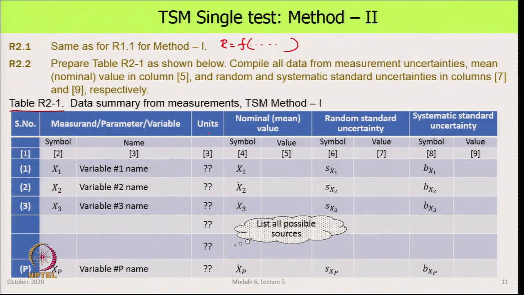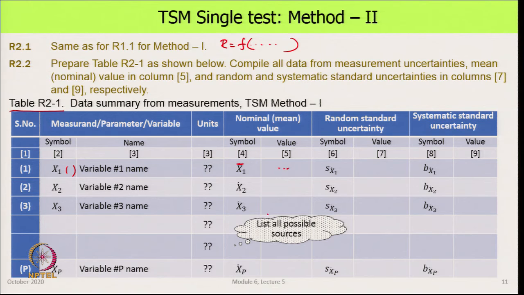So, you have measurand or parameter, units, nominal value which is there, we have that. The random standard uncertainty in the result, we put it in these two columns, and systematic standard uncertainty over here. So, we go row by row, one row for each parameter or each variable. So, this is x1 variable, we can put its name, units, then we can put its symbol there, the x1 which is the symbol for this.